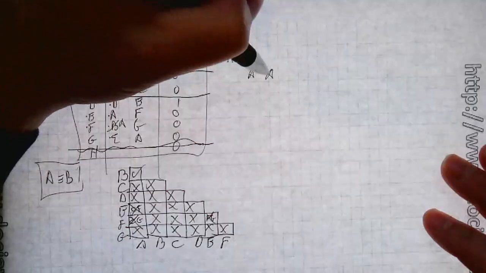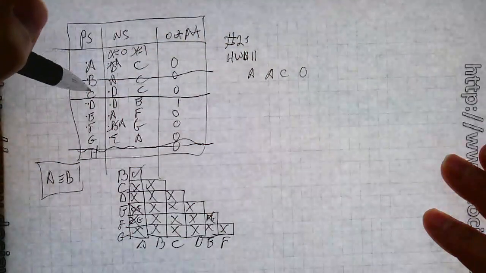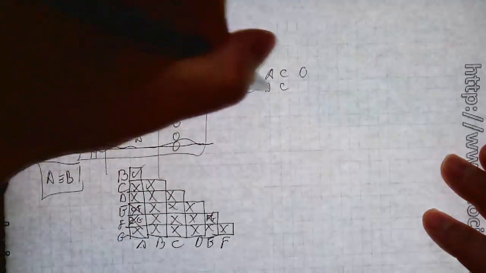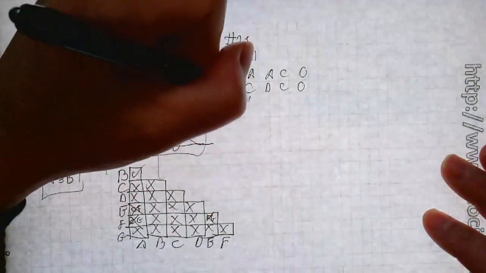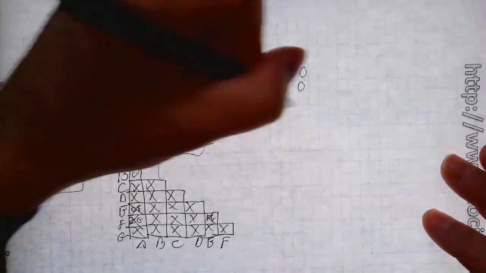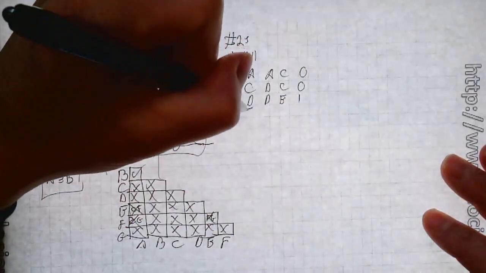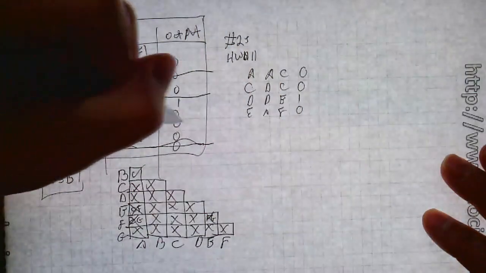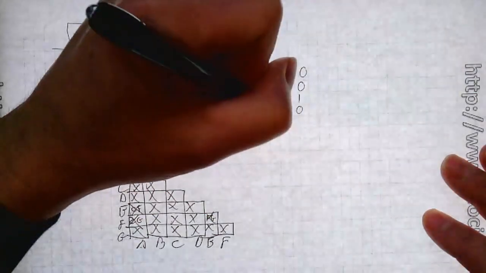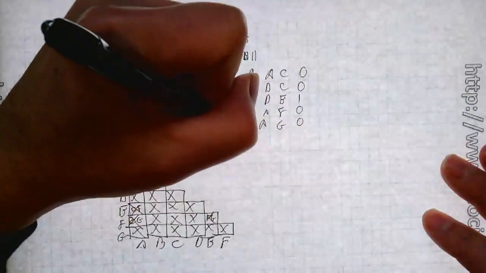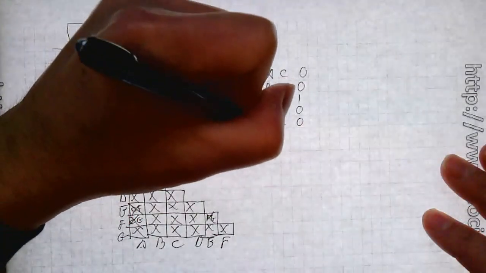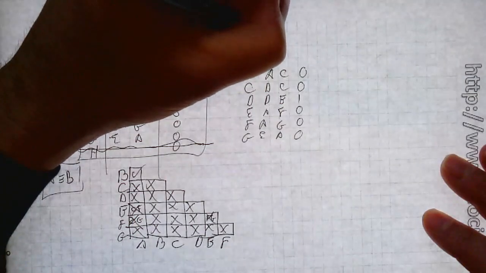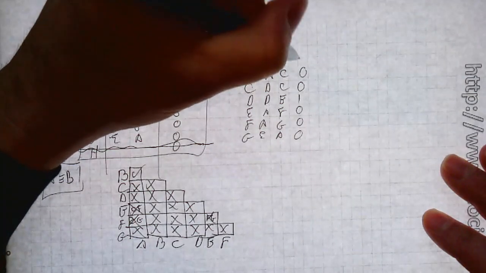So it's A, C, 0; C, D, C, 0; D, D, E, 1; E, A, F, 0; F, A, G, 0; G, E, A, 0. So that's the present state. That's the next state for x equals 0 and x equals 1, and here's the output.